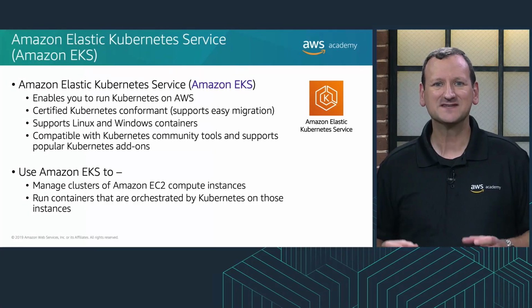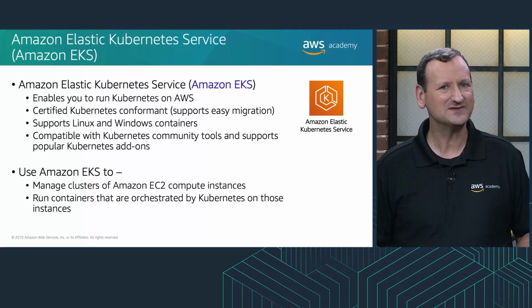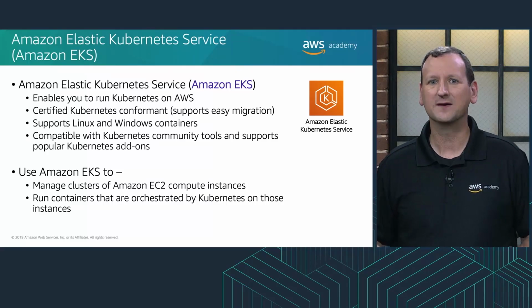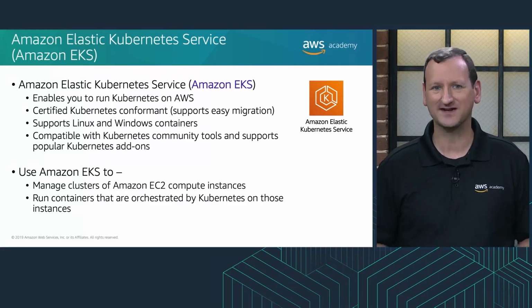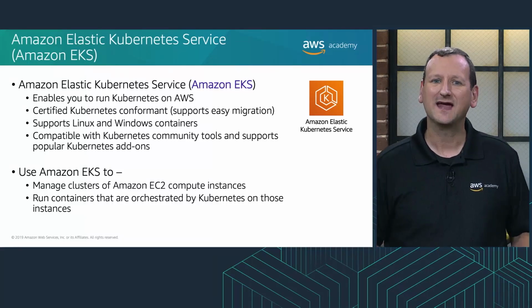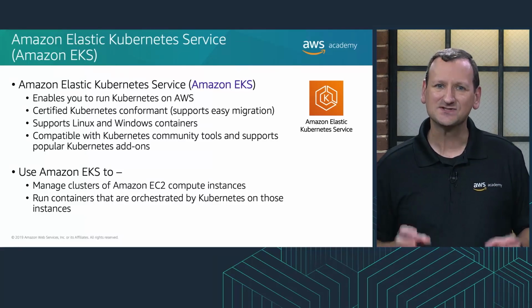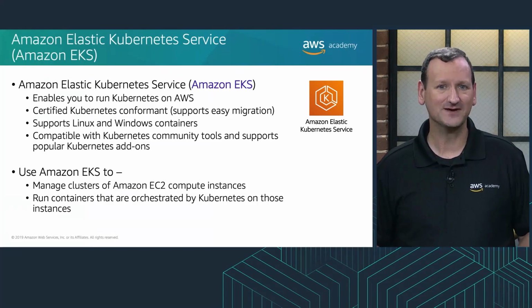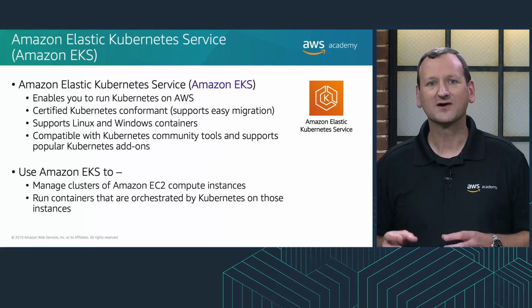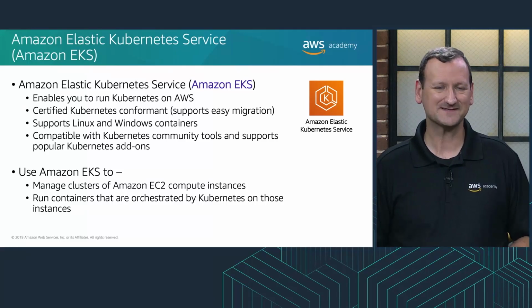Amazon EKS makes it easy for you to run Kubernetes on AWS without needing to install, operate, and maintain your own Kubernetes control plane. Amazon EKS is certified Kubernetes conformant, so existing applications that run on upstream Kubernetes are compatible with Amazon EKS.